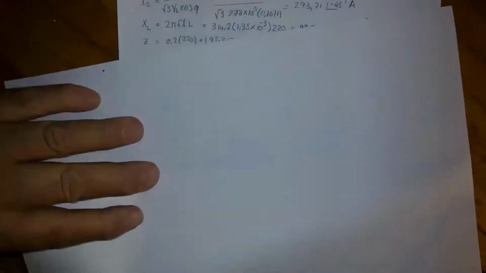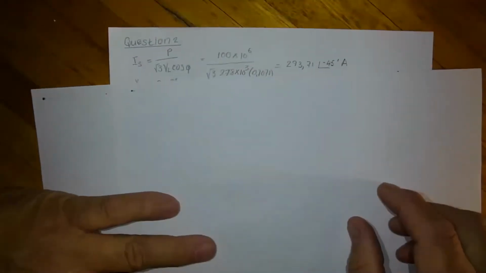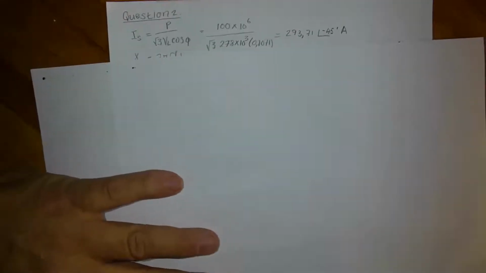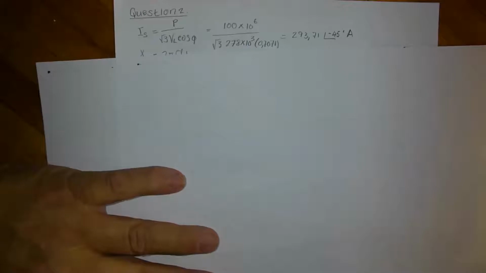Now if we look at question 2, same thing happens. It says there the sending end current, we must determine, is 100 megawatt and the voltage is 278 kilovolts, power factor 0.707 lagging. That gives us a current of 293.71 at an angle of minus 35.